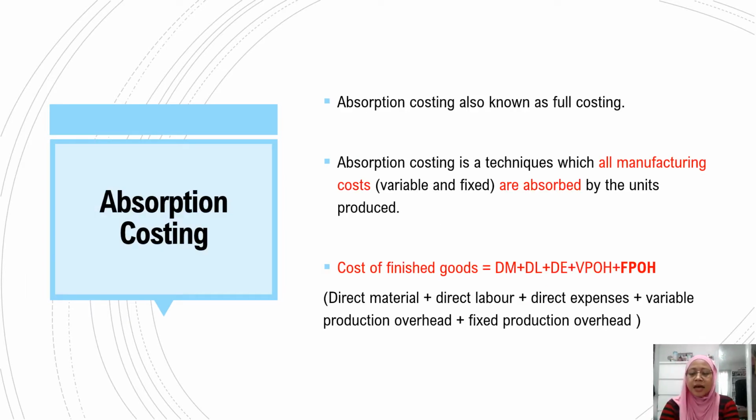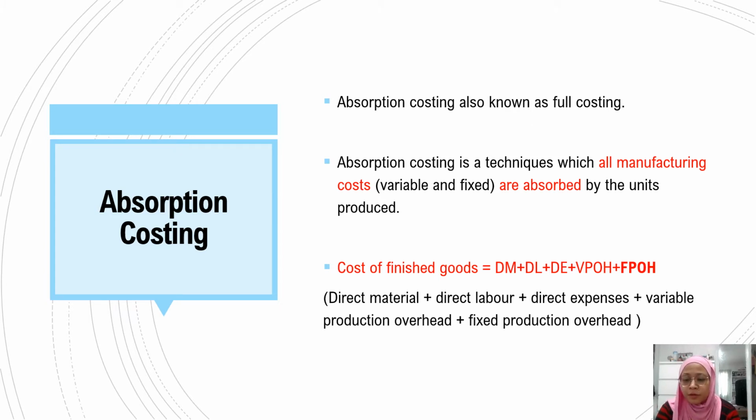Right, second type is absorption costing. So absorption costing, also known as full costing. Why full costing? It takes all the costs fully, right? It takes all the costs, variable and fixed.